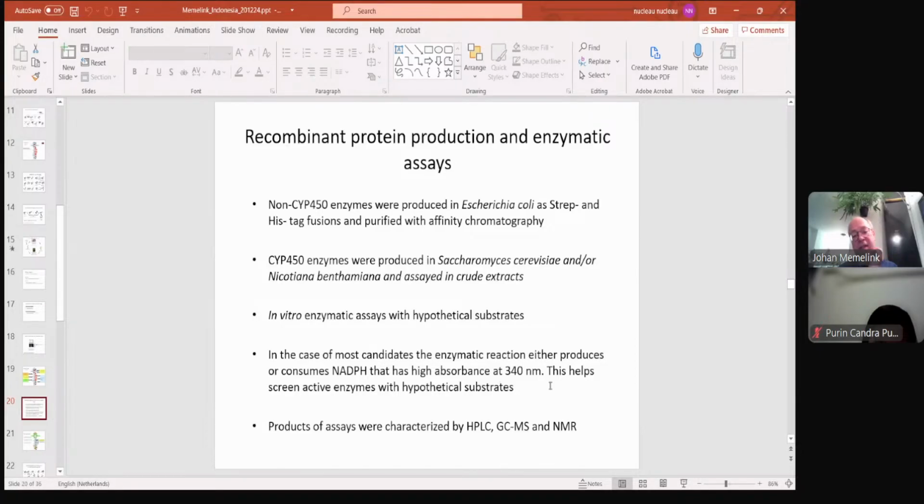So that means that for any enzyme that produces or consumes NADPH, you can easily follow whether a reaction occurs by just measuring the absorbance at 340 nanometers. And then finally, if something was happening with the NADPH consumption, for example, then products were measured by HPLC or GCMS, and finally by NMR.